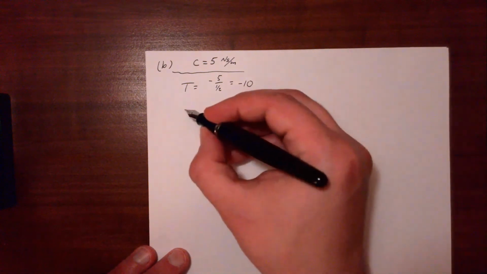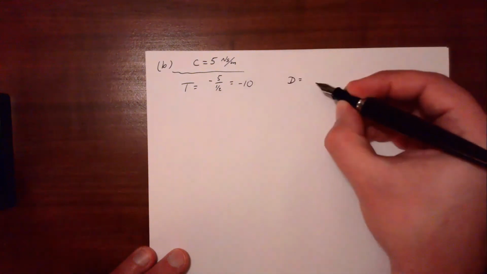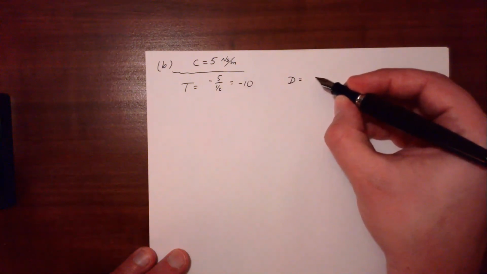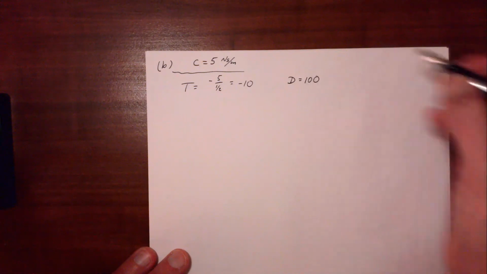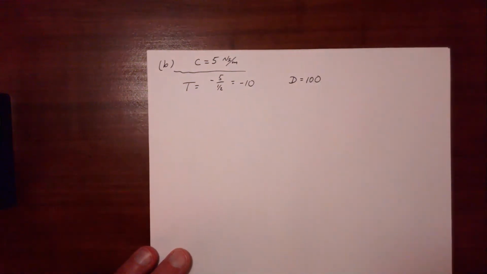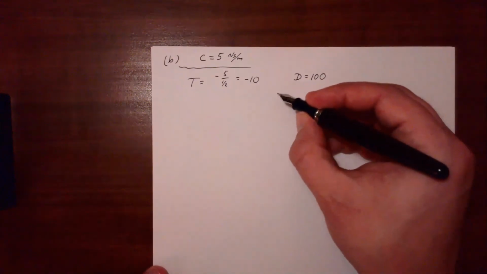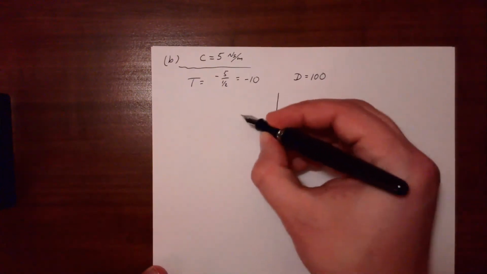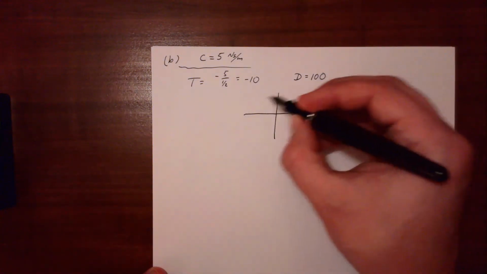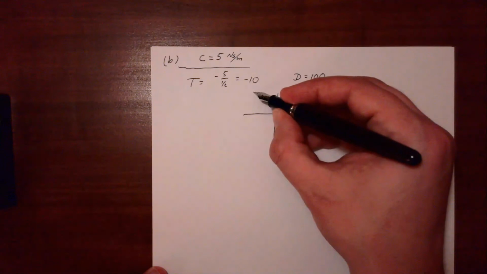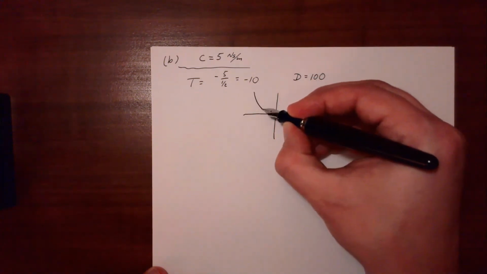Alright, as for D, that's just going to equal 100 in all of these, really, because the mass and the spring constant aren't changing here. So we have D equals 100, T equals negative 10.